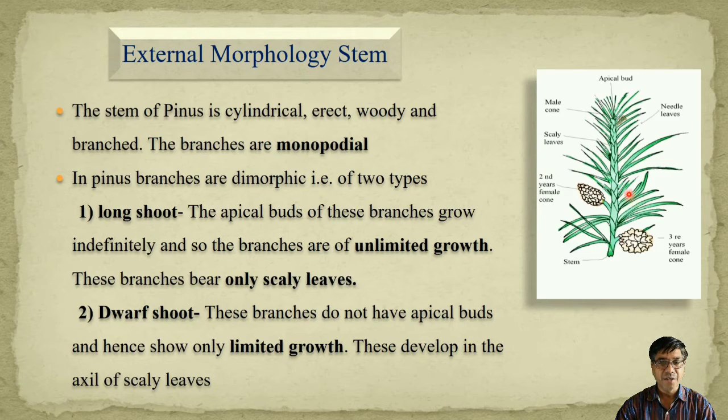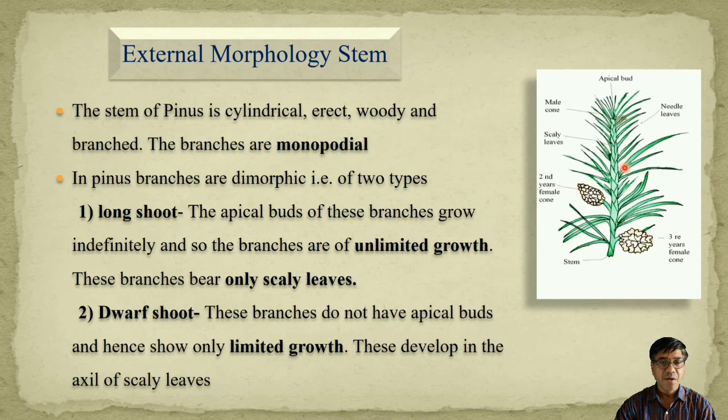Branching gives the plant a conical or pyramidal appearance. These spirally arranged branches develop every year and make the plant's appearance very symmetrical. The scars formed by these whorls help in calculating the age of the plant.